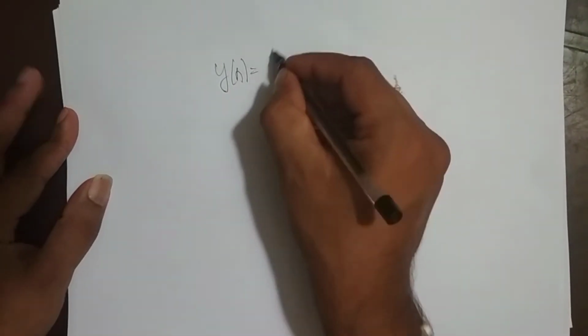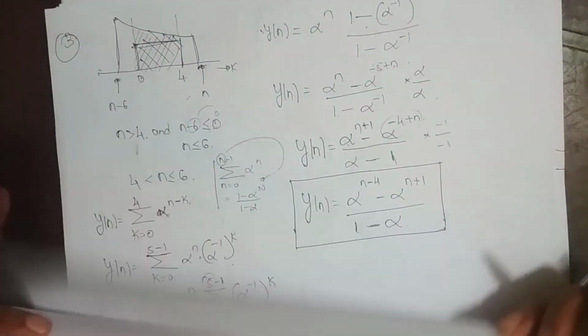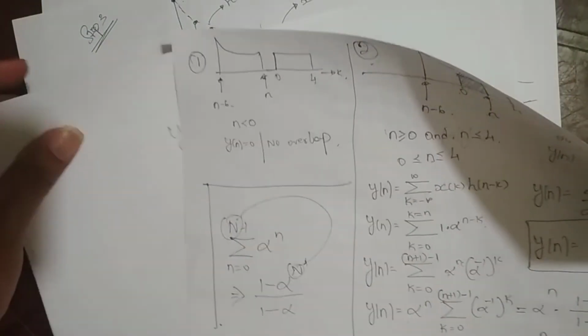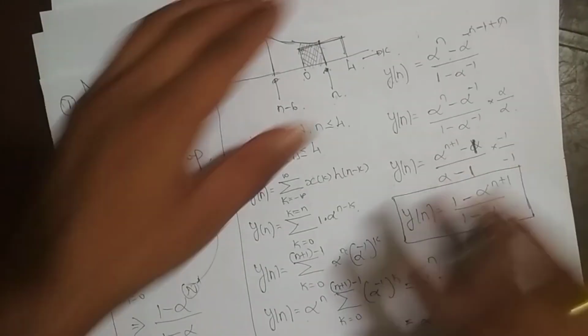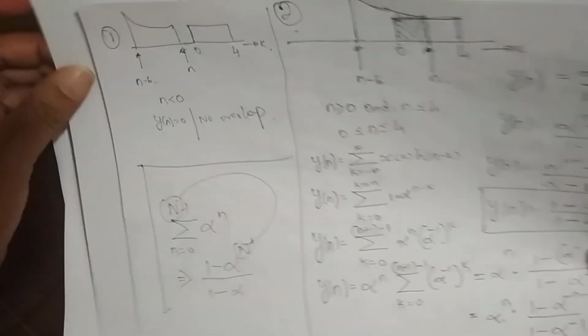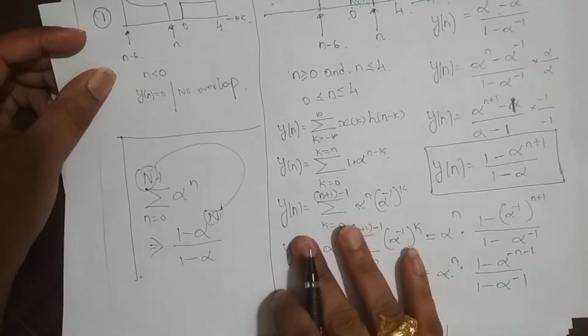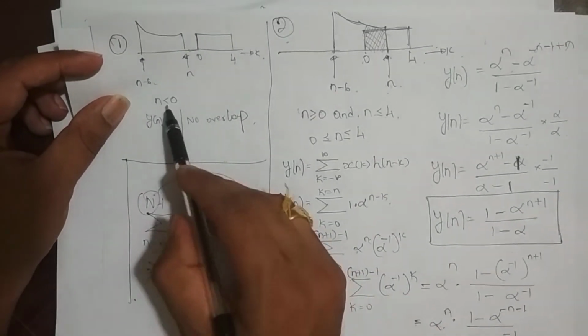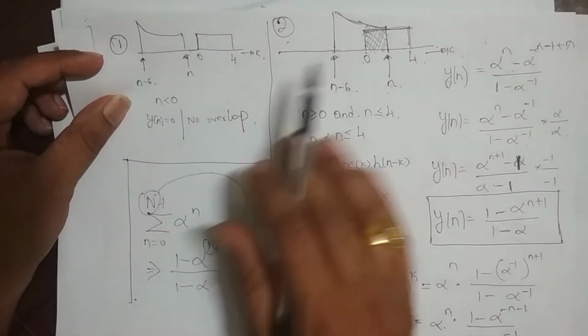So y of n is equal to, I need to write the output equation. So case 1, y of n is 0 for n less than 0, right?